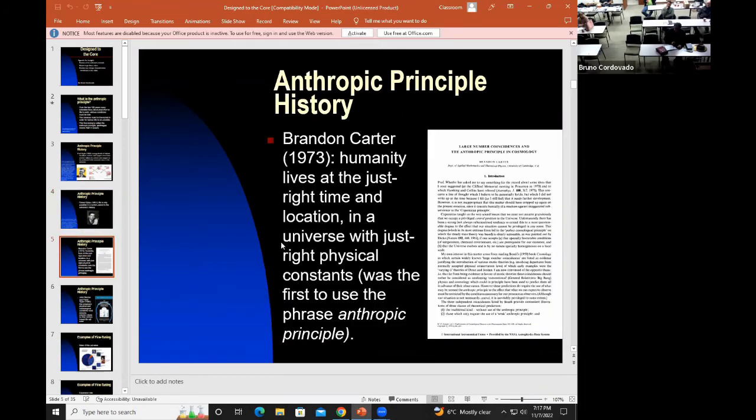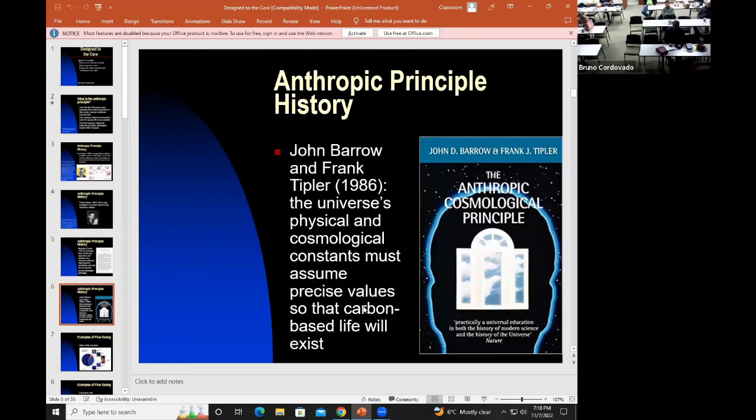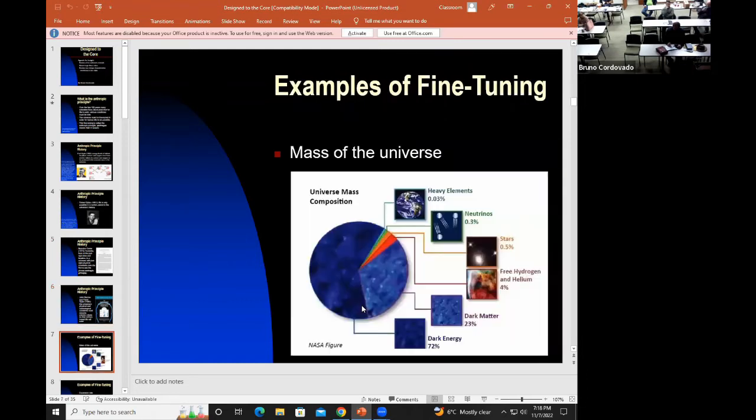Brandon Carter in 73 proposed that humanity lives at just the right time and location with just the right physical constants. And he was the first one to actually use the phrase anthropic principle. And then John Barrow and Frank Tipler said that all the universe's physical and cosmological constants must assume precise values so that we can exist.